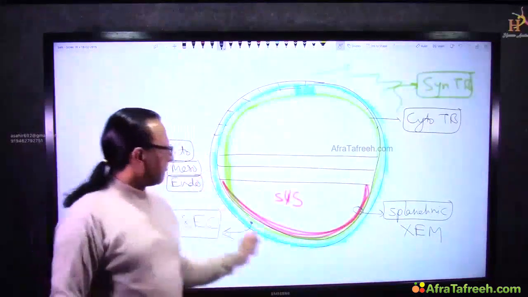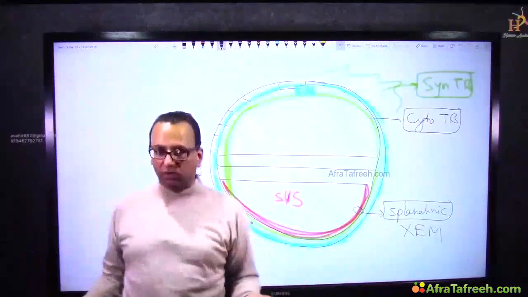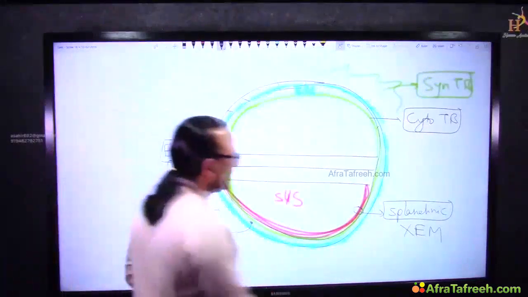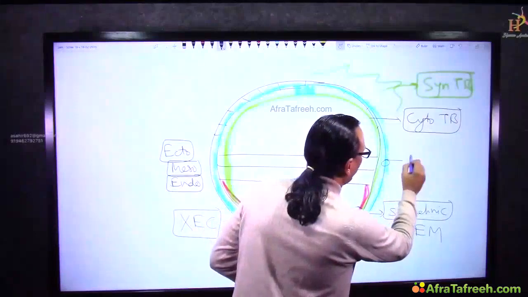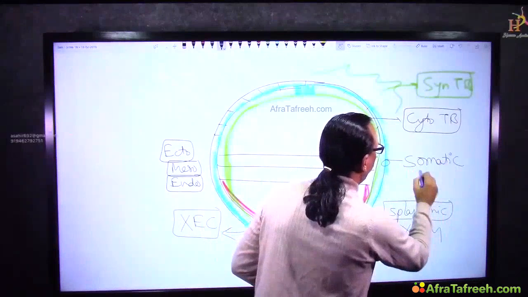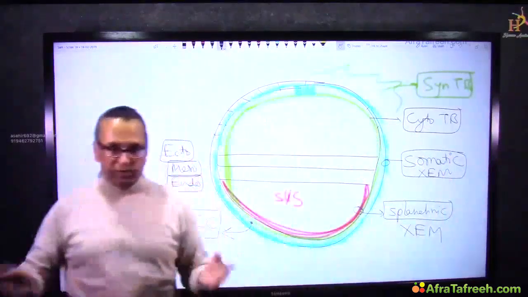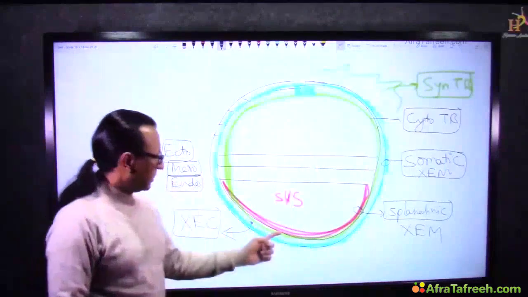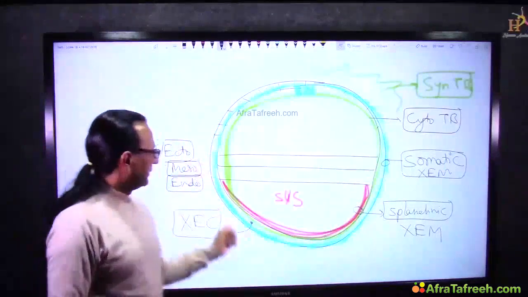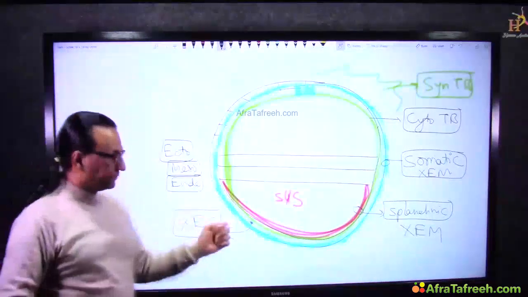If you say there is a splanchnic layer which is lining the yolk sac, then what is the other one called? The other one is called the somatic layer of extra embryonic mesoderm. Where do you see the somatic layer? Outside this cavity. And what is that cavity? The extra embryonic coelomic cavity.